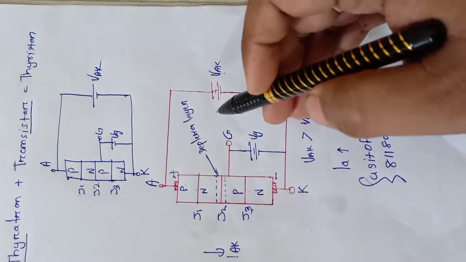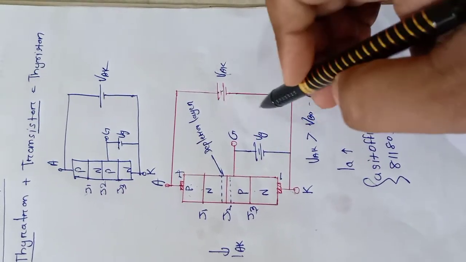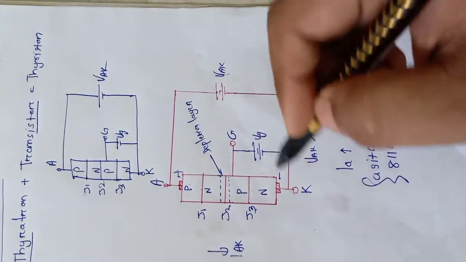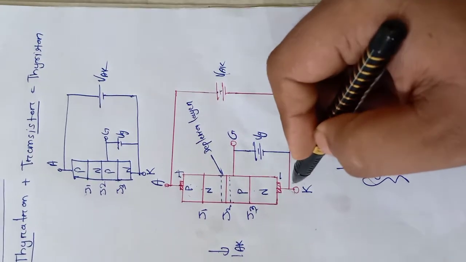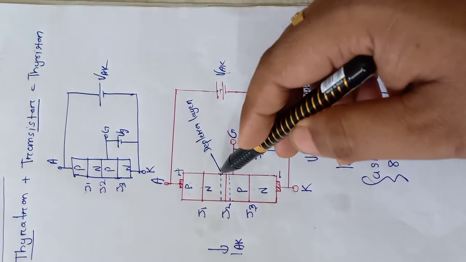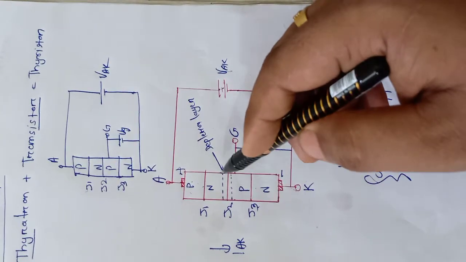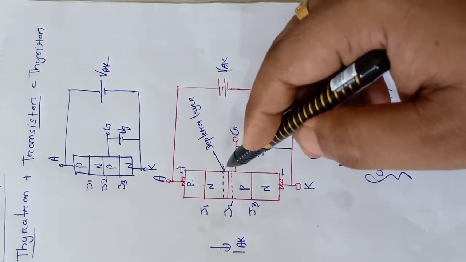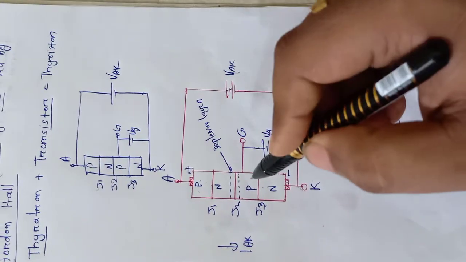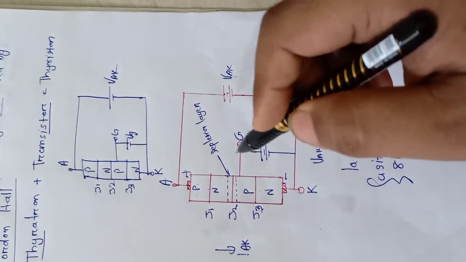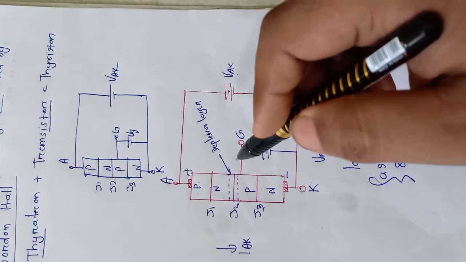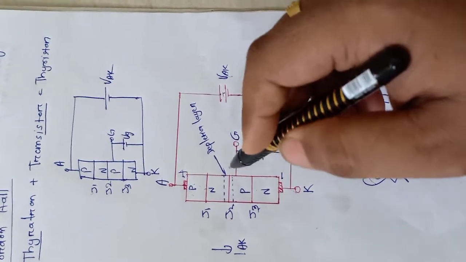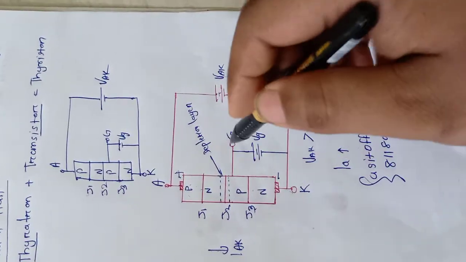We have to apply a reverse voltage between anode and cathode, so that our anode current starts decreasing and it decreases below a holding current level. So जब holding current से नीचे आ जाएगा हमारा anode current, then our device will turn off.